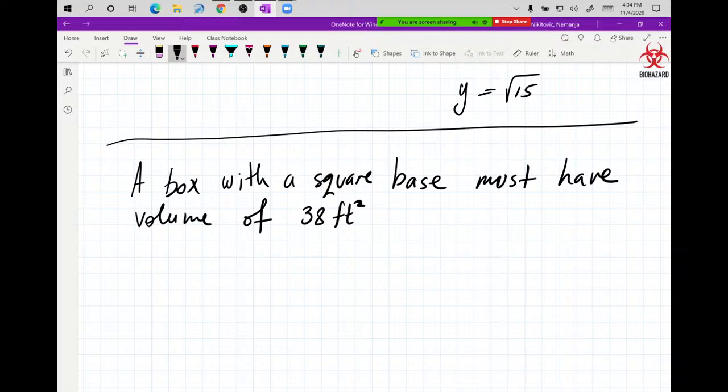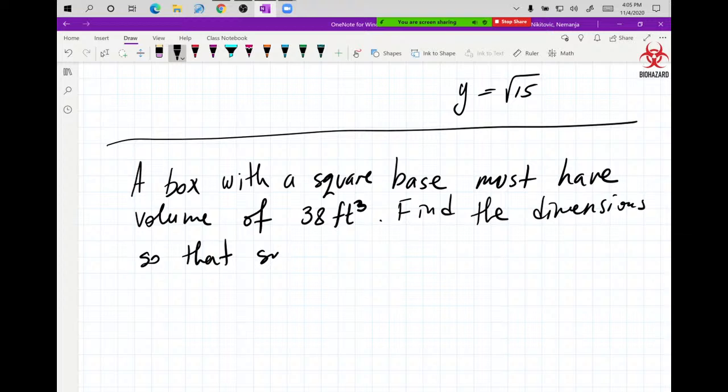No, cube. Oh my God, cube, volume. So 38 cubic feet. Find the dimensions so that the surface area is minimum.